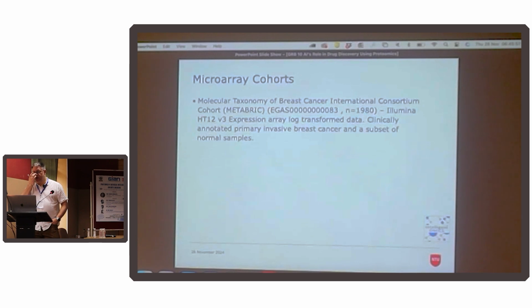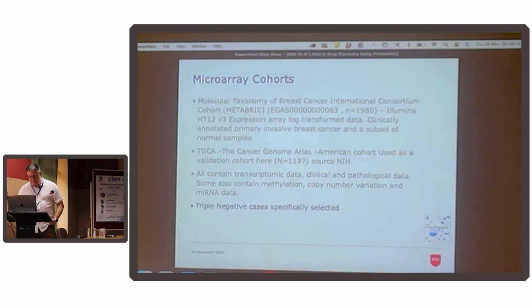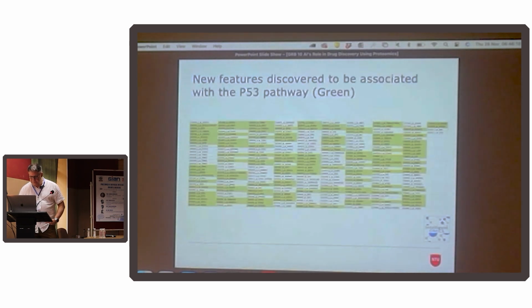So you may have heard of a triple negative breast cancer. It's ER, PR, HER2 negative. Some histologically call it a basal phenotype. So that was the data set, and we looked at TCGA. And we specifically selected triple negative cases.